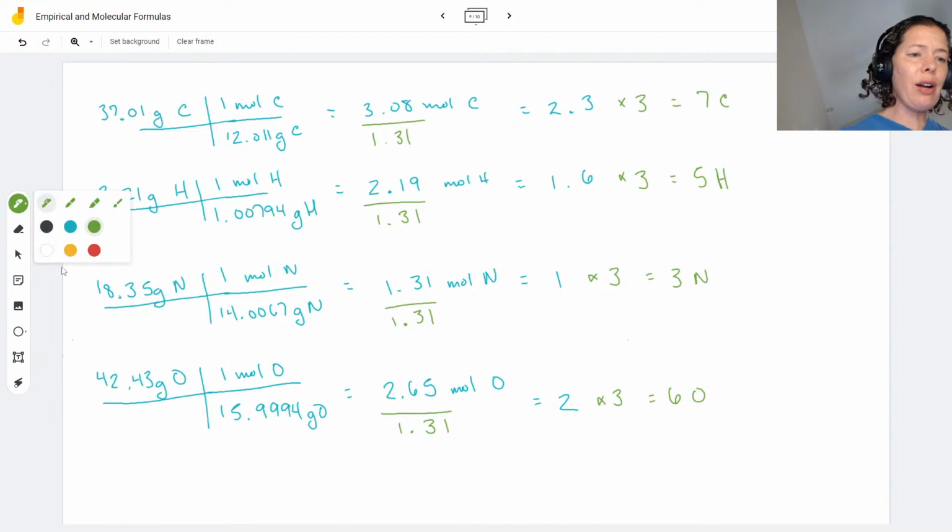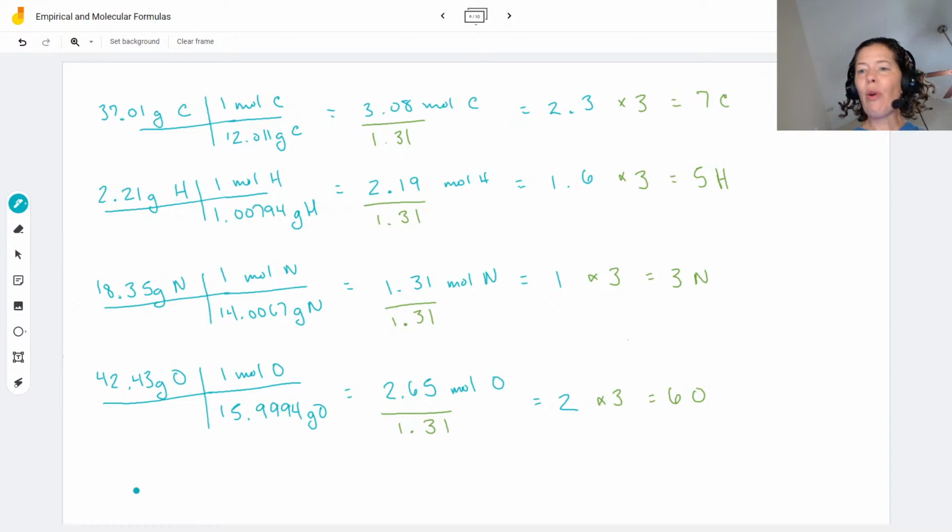Okay, so let me switch back to blue. So our empirical formula here is C7H5N3O6, which is pretty big. So I'm thinking that this is probably going to match in terms of empirical and molecular formula, but we need to check.